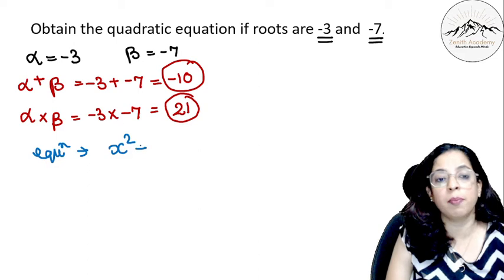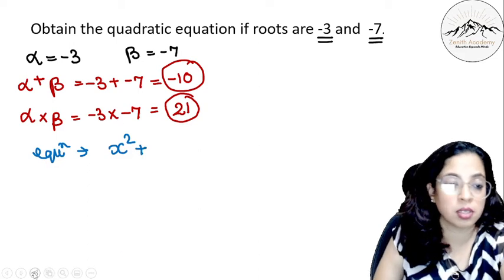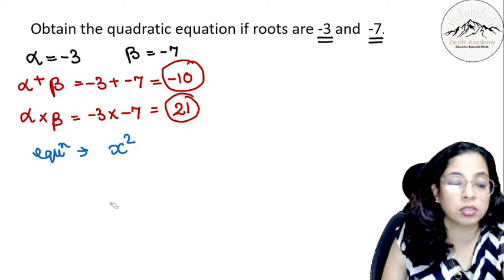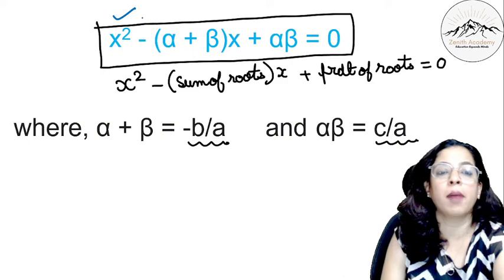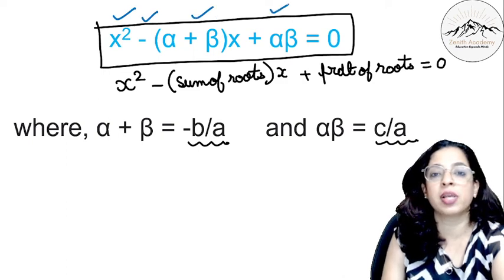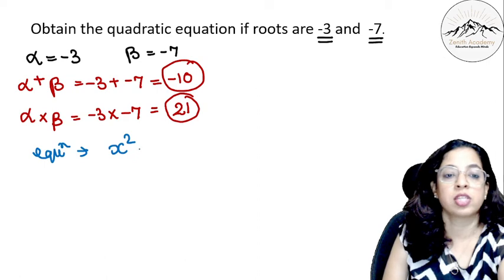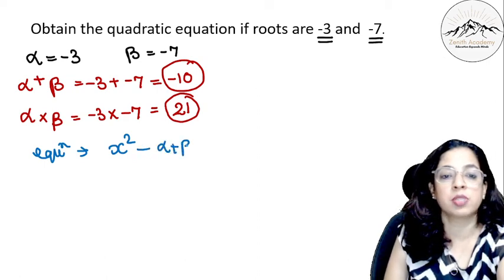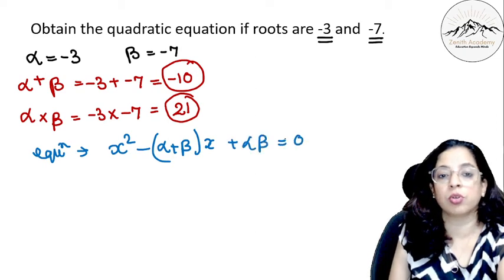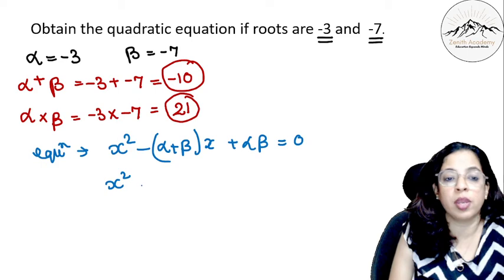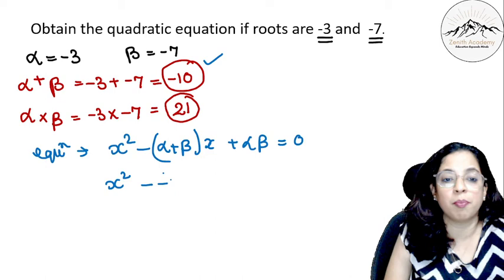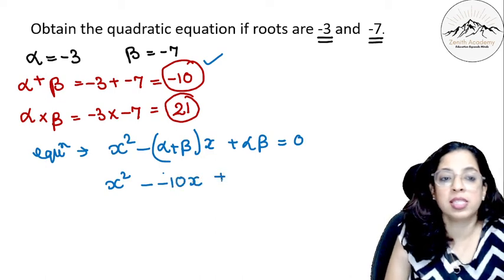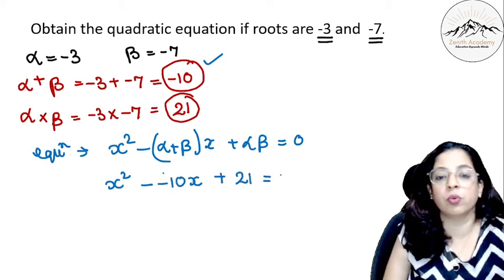It will be x square minus, this is very very important, this is x square minus, see here, see the formula, x square minus alpha plus beta x plus alpha beta equal to 0. So we will write the equation as x square minus, देखो alpha plus beta is -10, so x square minus -10x plus alpha beta is 21, this is equal to 0.